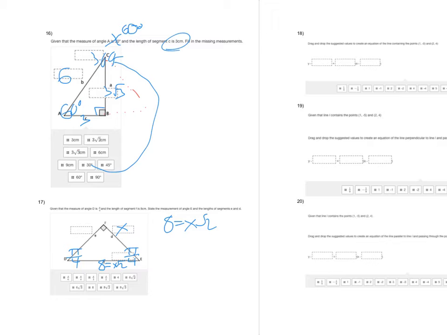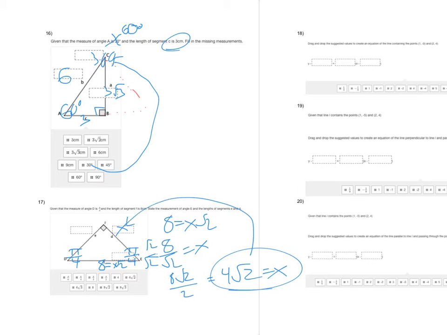You can also just kind of figure it out and solve, but just to show a little bit of the work there, 8 over √2 is equal to x. Multiply numerator and denominator by √2 to get that radical out of the bottom. 8√2 over 2 gives me 4√2 for x, which is the side length here and here.